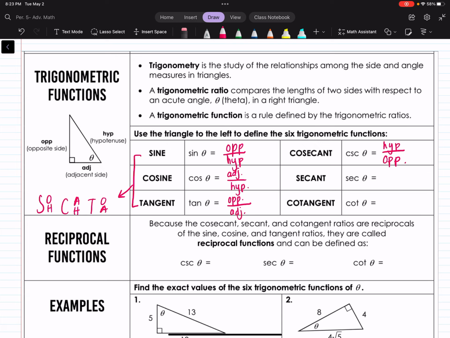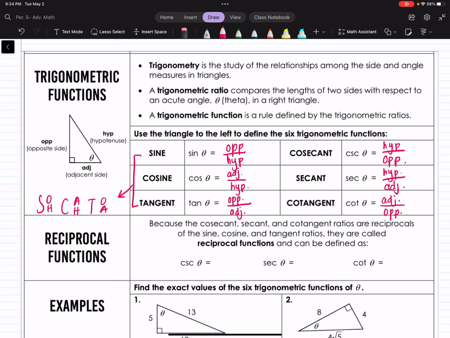I took the reciprocal. The secant function of theta would be defined as the hypotenuse over the adjacent. Again, what I did here was I took the cosine function and I took the reciprocal. And then lastly, your cotangent of angle theta would be equal to the adjacent over the opposite. Okay?